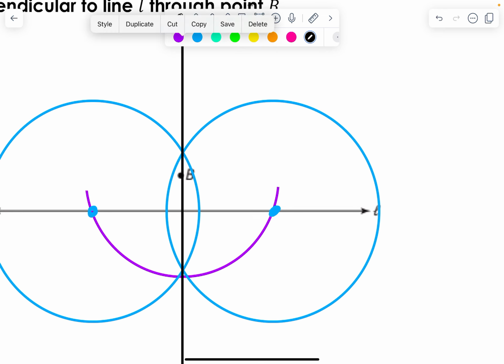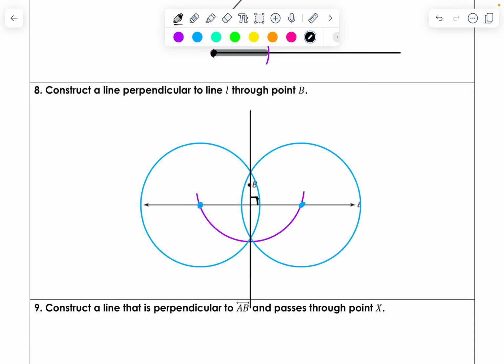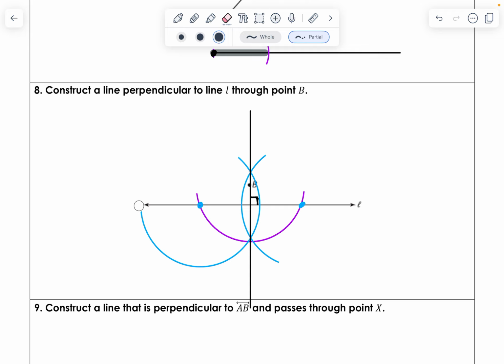Okay, there we go. This is not too bad. All right, so again, I could erase the rest of this and it would just give me the arcs instead of the full circle, but it doesn't matter.